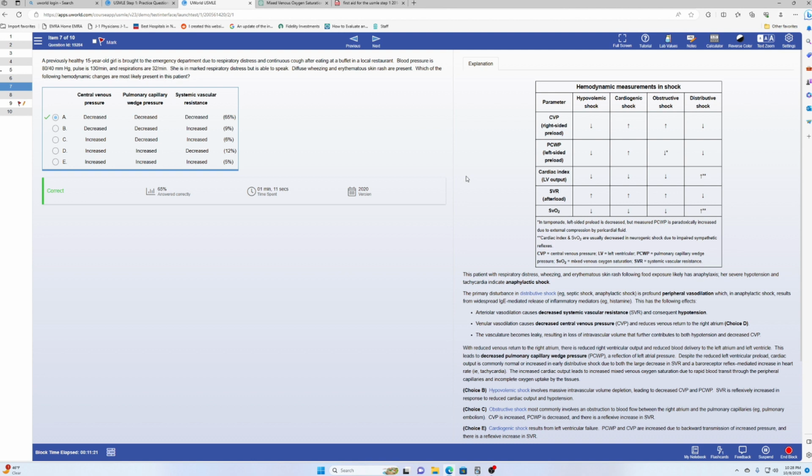And even more so, if I want to be more advanced and make it a little bit more confusing and difficult, I can use the same fake clinical vignette, put the parameters in, and then ask you which of the following additional findings would be expected in this patient. So if the patient has cardiac tamponade, for example, then you want to find an answer that would be expected in cardiac tamponade patients. See, that would be a very advanced, integrated type of question. So I would anticipate that as well.